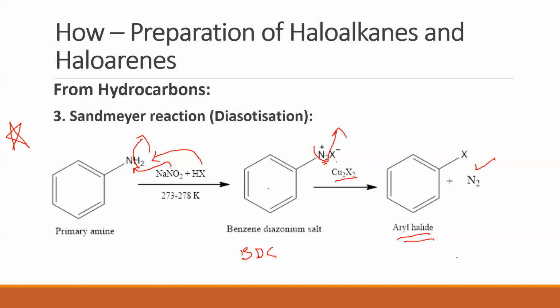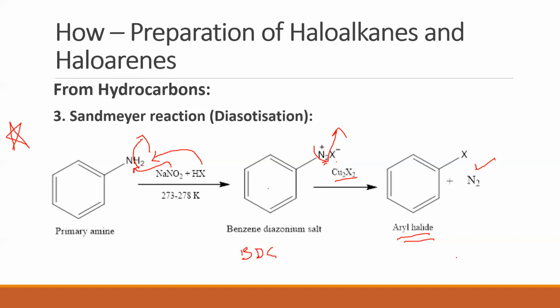Now, since during this step two azo atoms are formed in the product, this reaction is also called diazotization reaction.